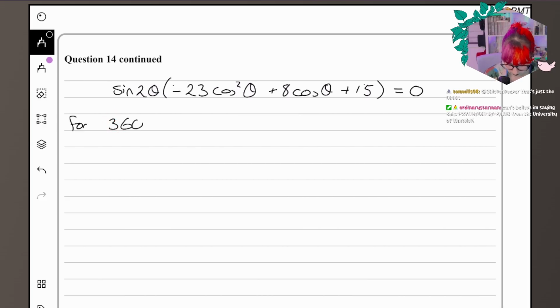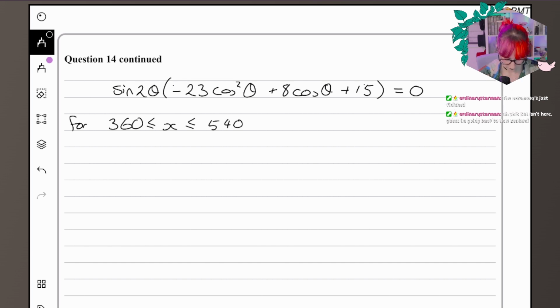So between 360 and 540, it says, the expression above. Part B, I'm just going to swap theta for x, because we know the expression's the same. The expression is the same, isn't it?